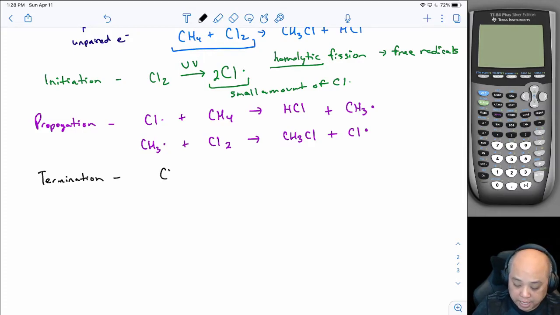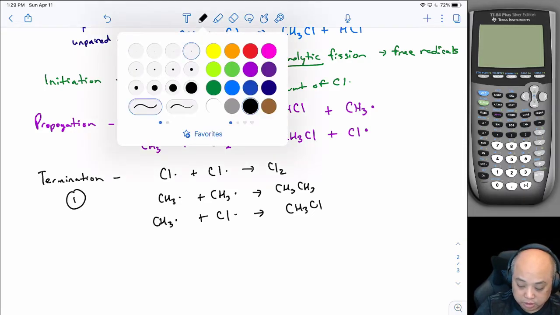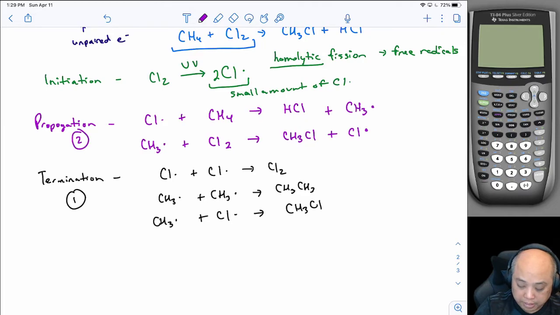So you might have a situation where two Cl free radicals combine, or two CH3 free radicals combine, or a CH3 free radical and a Cl free radical combine. All of these are acceptable. You don't need to write all three of them. You just need to know one of these terminations, and these two propagations.